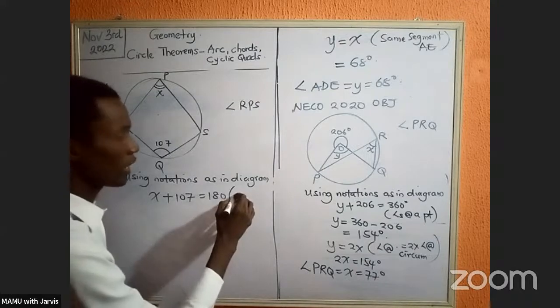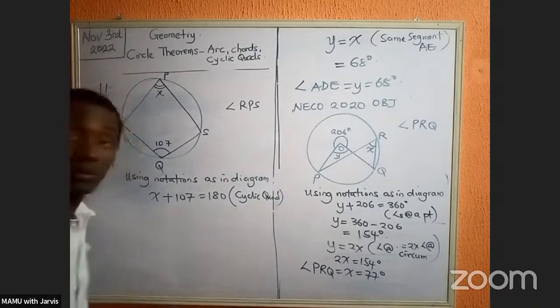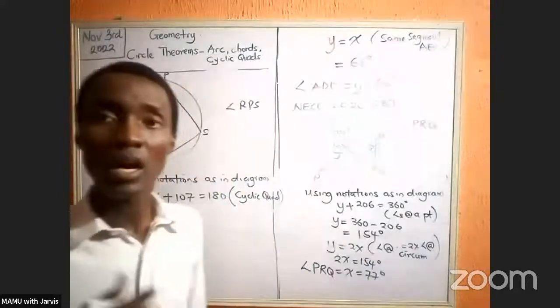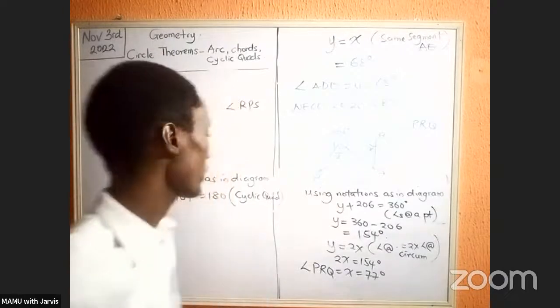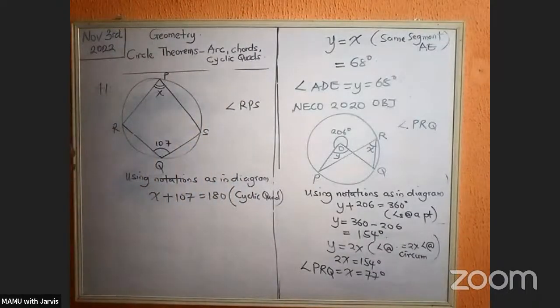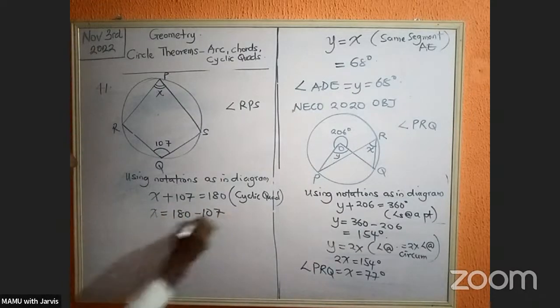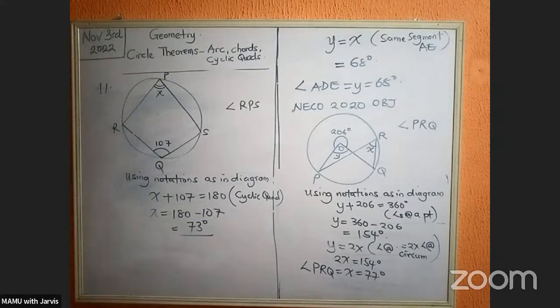So I'll just write cyclic quad. Or sometimes if you want to be very emphatic, you can say opposite angles of cyclic quad. All right, so opposite angles of cyclic quad would have taken care of that. So x becomes 180 minus 107. And if your math is in place, you should have about 73 degrees as your final answer. Did we get that? Yes, we did. All right, so that's taken care of, and we will be moving to another question.